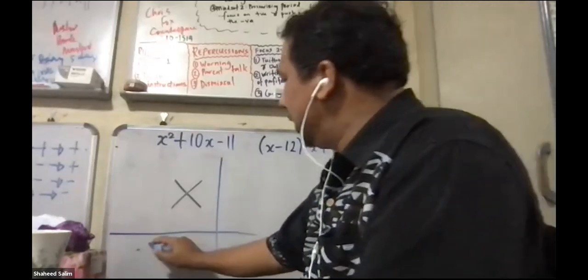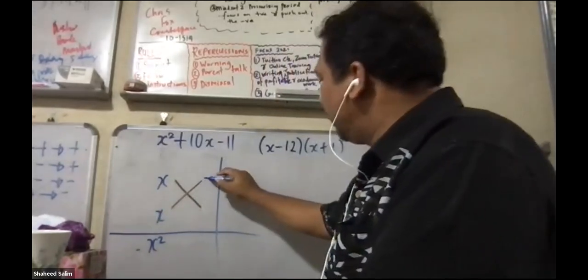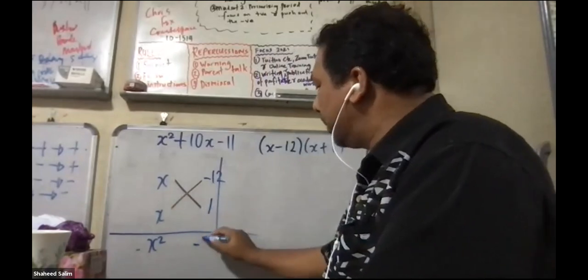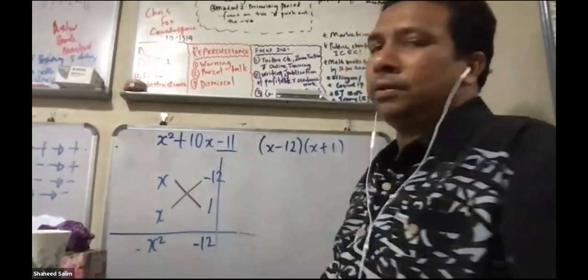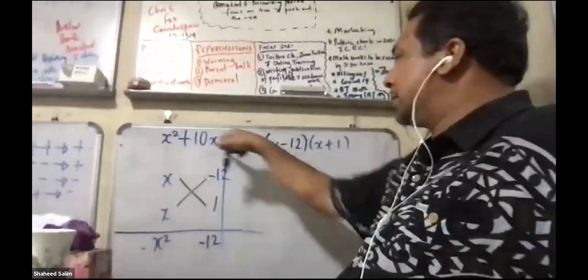But the problem, okay, let's see now. x squared, x times x. If you say minus 12 here, plus 1 here, you times together, you get minus 12. This is minus 11. And if you times this one, you will not get the center.